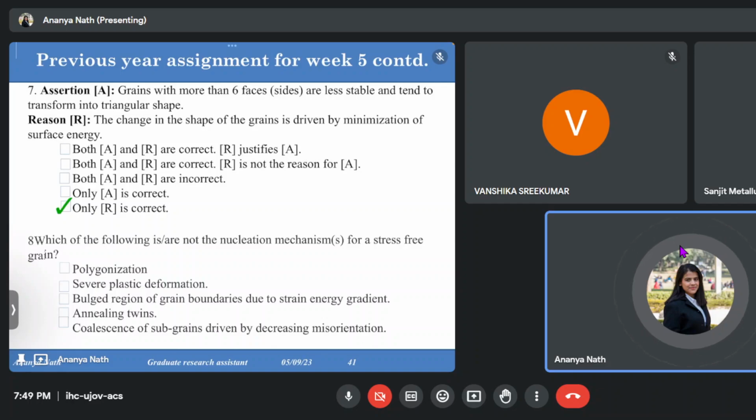Which of the following is/are not correct? Not the nucleation mechanism for a strain-free grain.